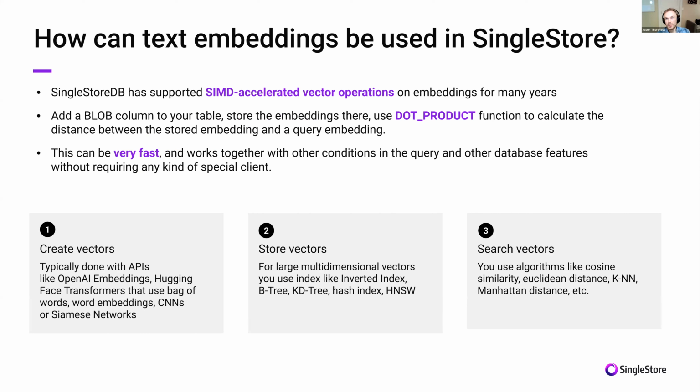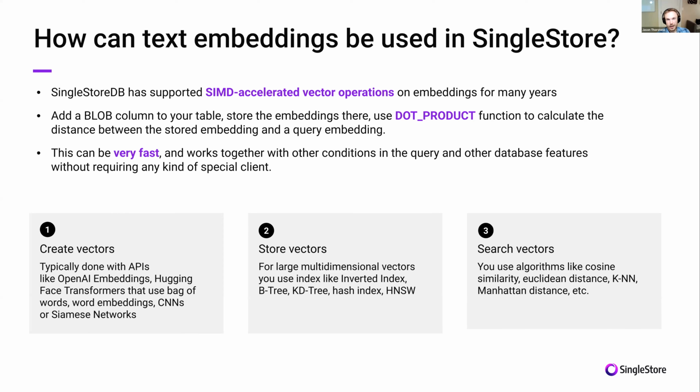So how can text embeddings be used in SingleStoreDB? SingleStoreDB has a mature set of SIMD accelerated vector operations. We've had this for a number of years, and recently it's becoming very popular.